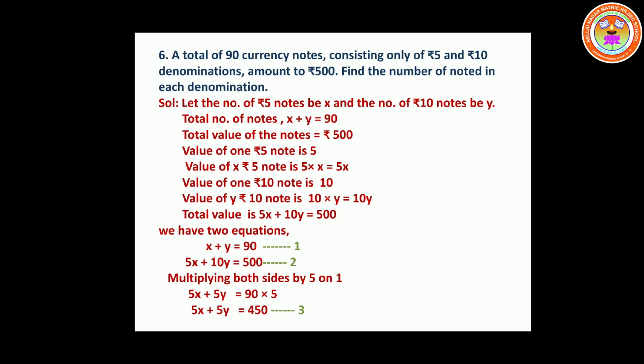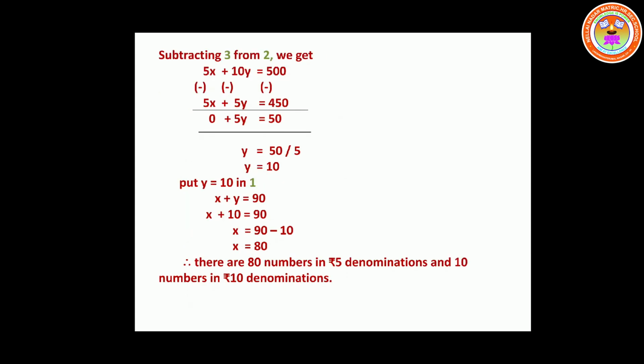Now, I am going to take equation 2 and equation 3, subtracting 3 from 2. The equation above is the third equation and the one below is the second equation. So, 5x plus 10y is equal to 500, subtracting 5x plus 5y is equal to 450. When you subtract, you change the signs of the second equation.